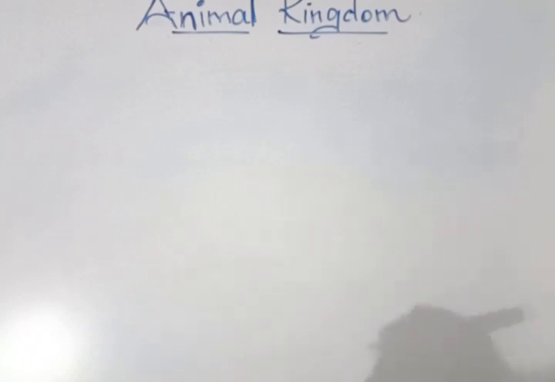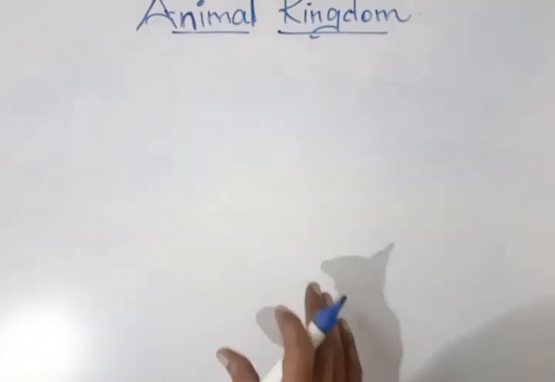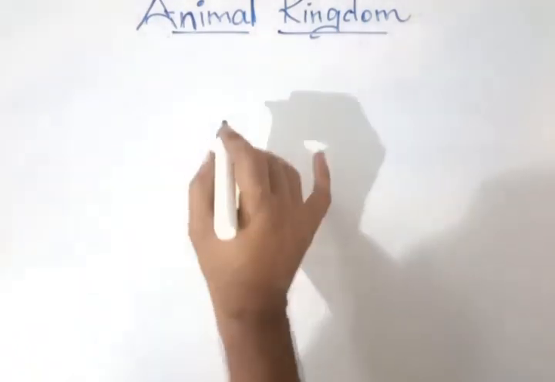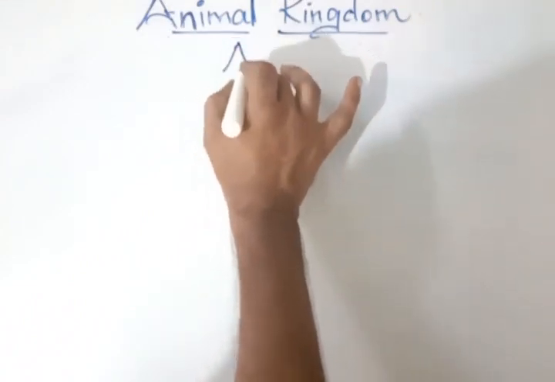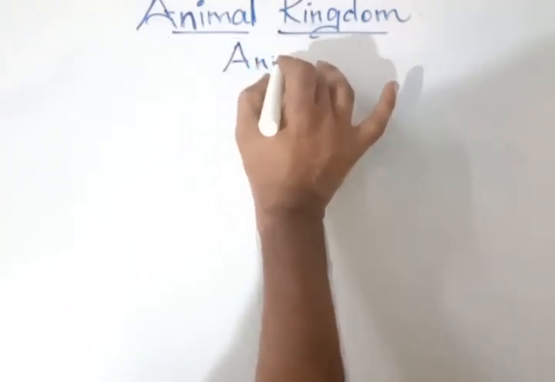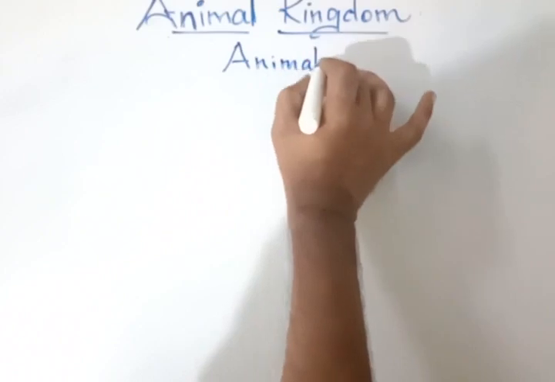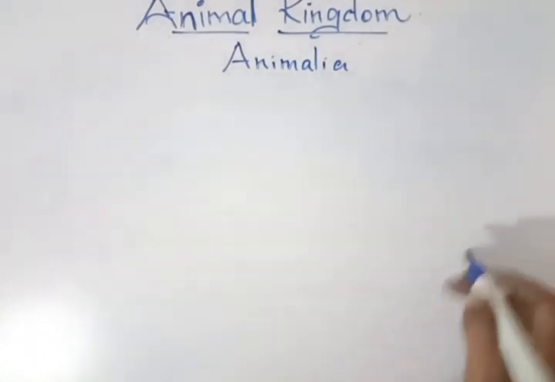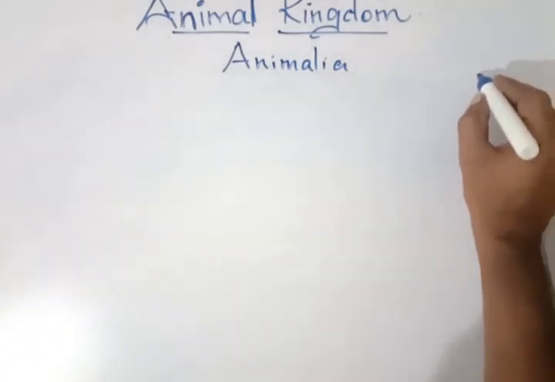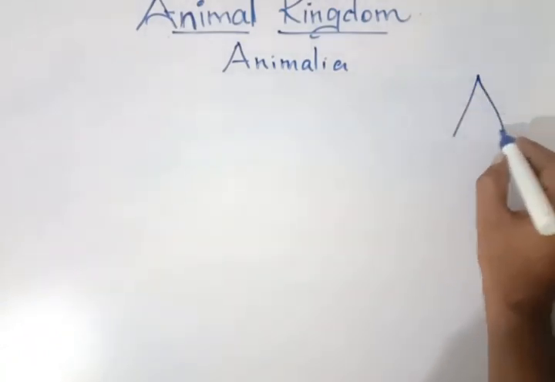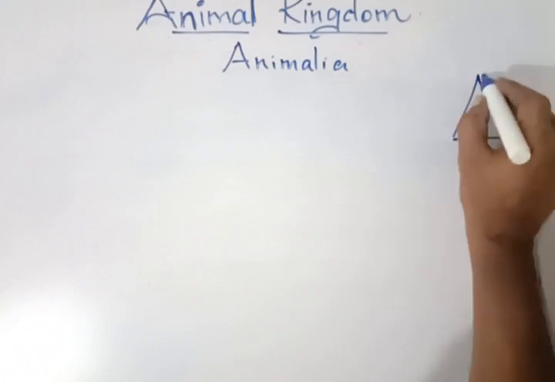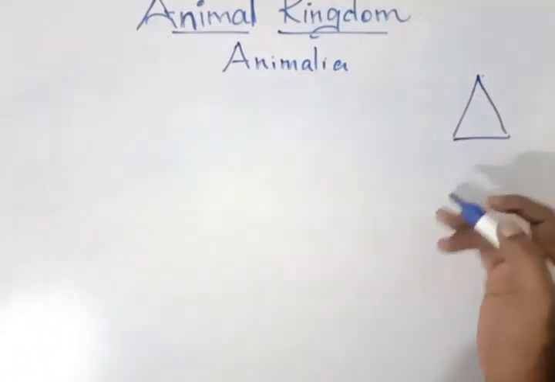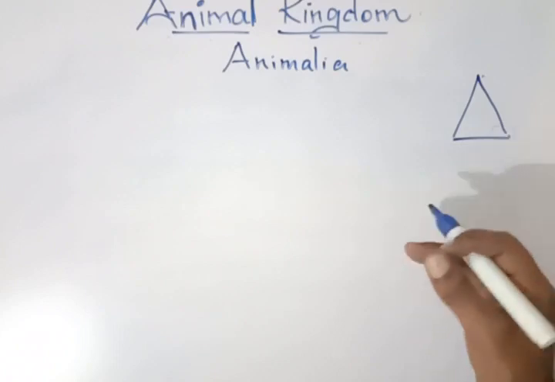So now you have to understand what is this animal kingdom. Now, the animals belong to the kingdom called Animalia. So Animalia is a kingdom. So you know the basis of classifications, actually the hierarchy level. If you talk about the pyramidal structure, in this pyramid, the first one is the kingdom, and then it comes to the subkingdom, phylum, and so on.